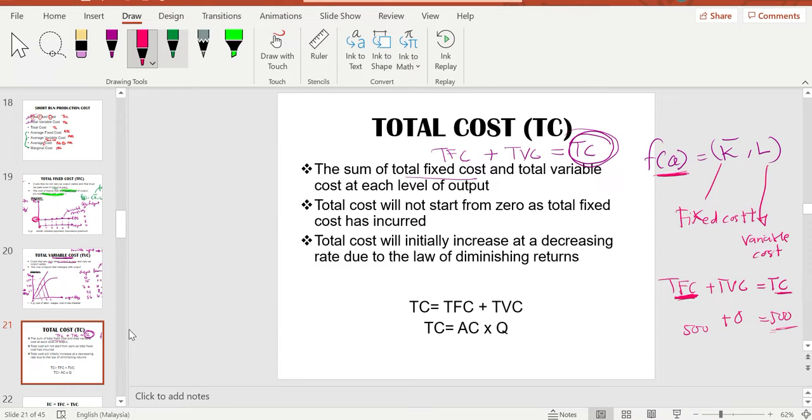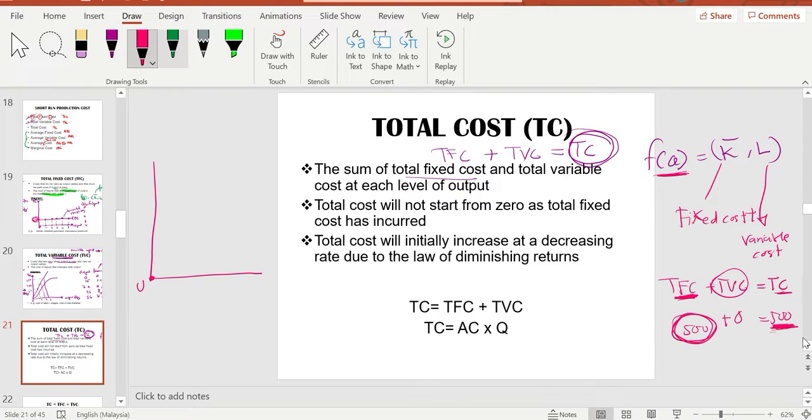So when you want to draw total cost, okay, you cannot start from the origin, from the zero, sebab nilai total cost akan ada nilai walaupun kita tidak menghasilkan barangan, sebab dalam total cost there are the value of fixed cost there. Okay, right? So how to draw total cost? Total cost is basically the same shape with total variable cost.